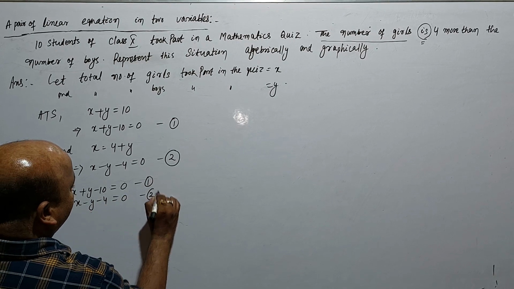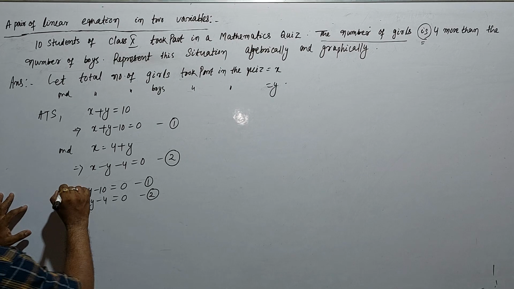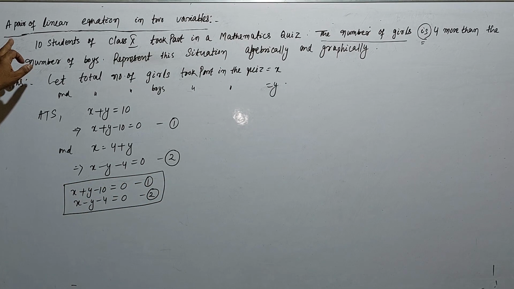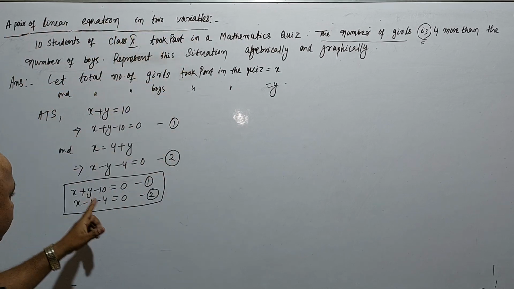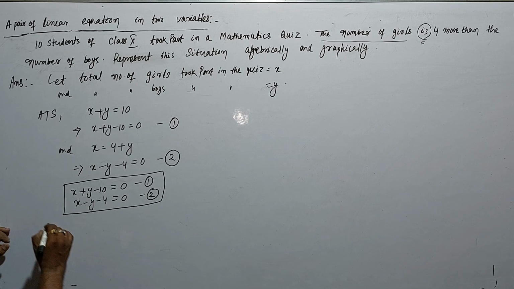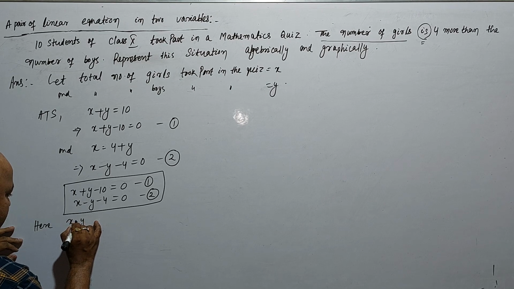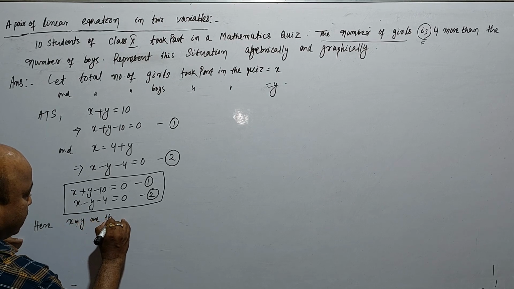There are a pair of linear equations. So what do you now discuss here? A pair of linear equations in two variables, where x and y are the variables.